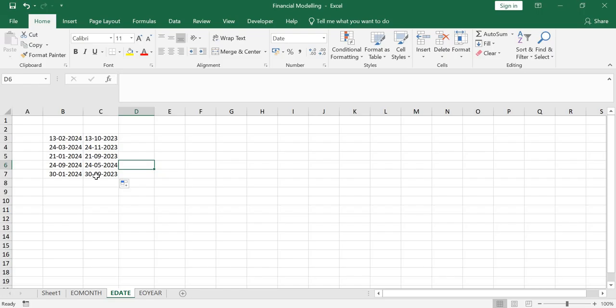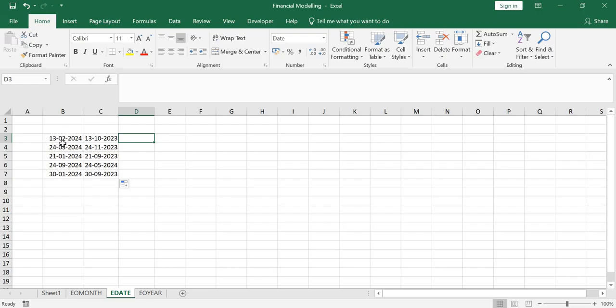Now suppose I want to calculate the 4 months previous date and that too end of that particular month. Suppose this is my date which is 4 months previous to 13th of February. Now I want to calculate the last day of the month which is 4 months previous to February.